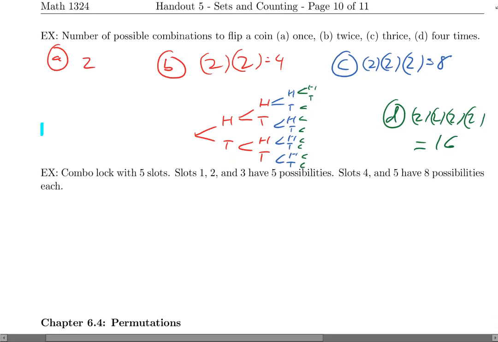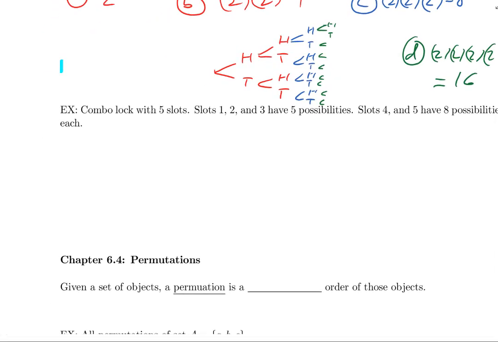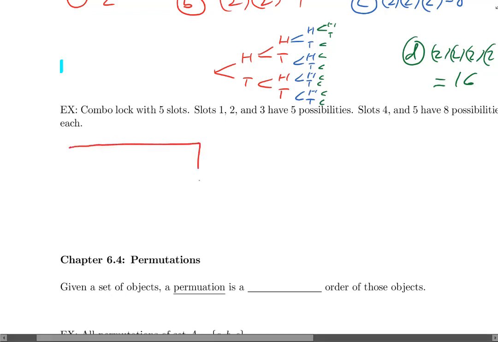Alright, so next one, we got a combo lock with 5 slots. And this will be kind of a unique combo lock because slots 1, 2, and 3 have 5 possibilities. So here's our lock. And we've got 5 combinations here, and here, and same thing here.